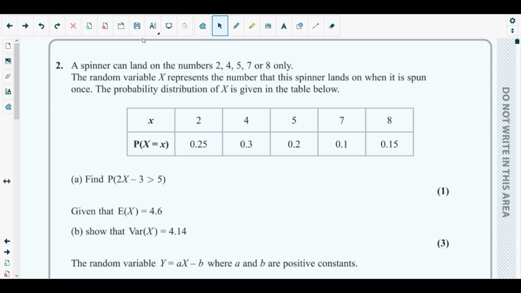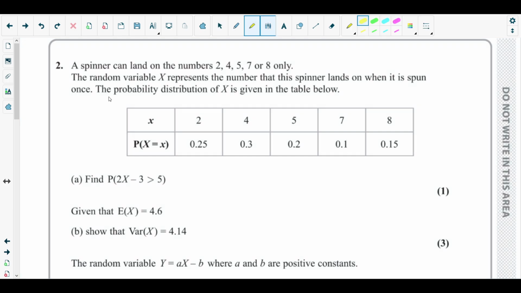To solve this question, you should have practiced questions from chapter number 6 of your S1 textbook. So let's get started with question number 2.